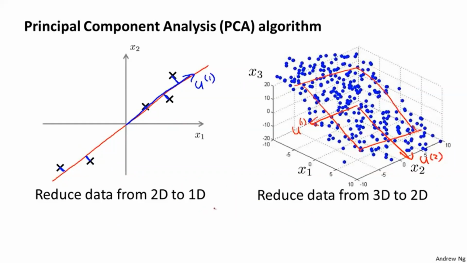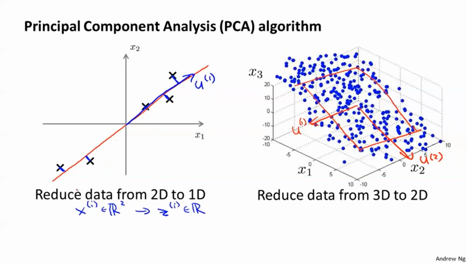Just as a quick reminder of what reducing the dimension of the data means, for this example on the left, we were given examples xi, which are in R2, and what we'd like to do is find a set of numbers zi in R with which to represent our data. That's what reduction from 2D to 1D means.